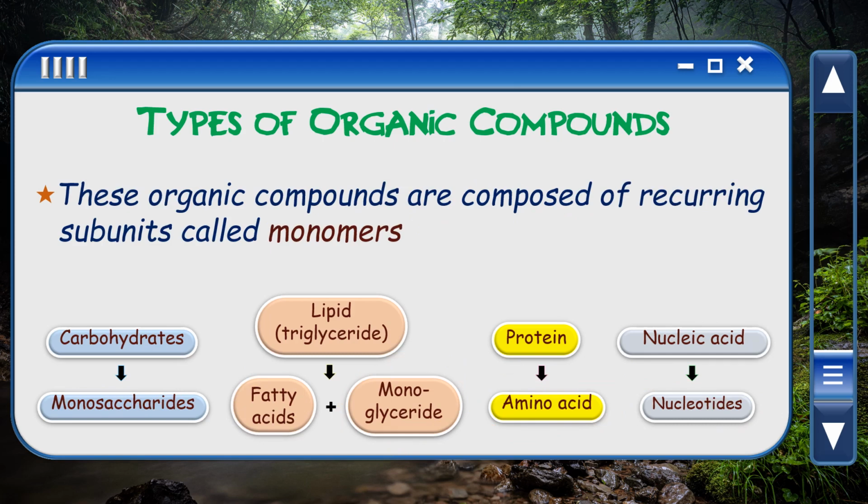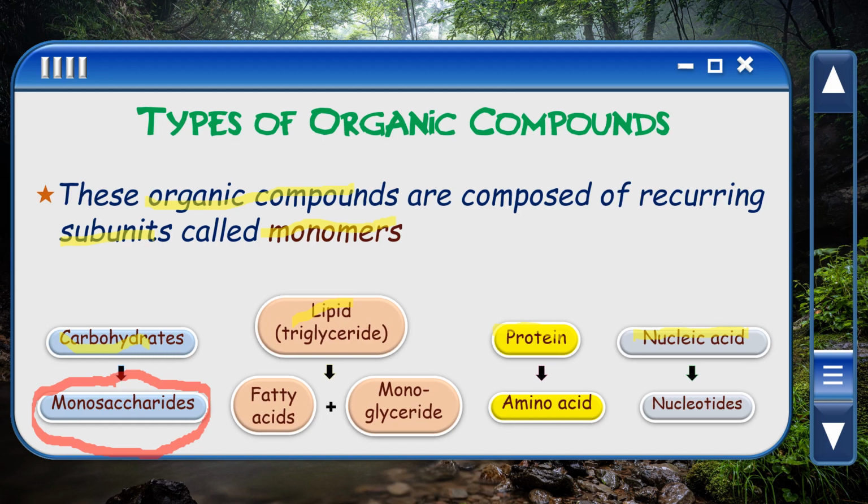Now, these organic compounds, which are the carbohydrates, the lipids, the proteins, and nucleic acids, are composed of recurring subunits. They are composed of recurring subunits, which we call the polymers. And this one we have seen. The carbohydrates are made up of recurring monosaccharides as monomers. Monosaccharides and monosaccharides, when they are combined, we form the carbohydrates.